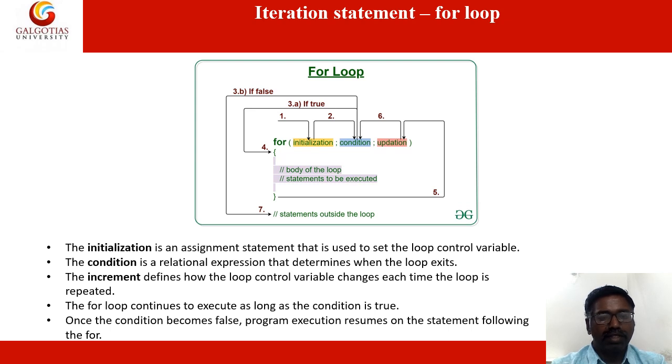The condition is a relational expression that determines when the loop needs to exit. The increment defines how the loop control variable changes each time; it can change one by one, or two at a time, or three at a time. The loop executes as long as the condition is true. If the condition is false, the loop is terminated and execution resumes with the statement following the for loop.